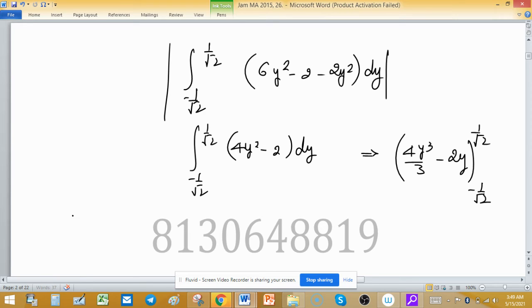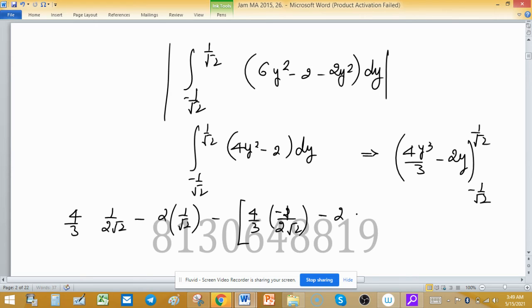Now put the limit. 4 upon 3 times 1 upon 2 root 2, minus 2 into 1 upon root 2, minus of the lower limit. So 4 upon 3 times minus 1 upon 2 root 2, and again minus 2 times minus 1 upon root 2.